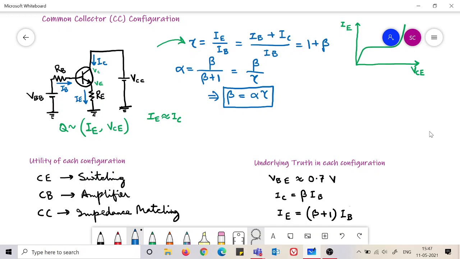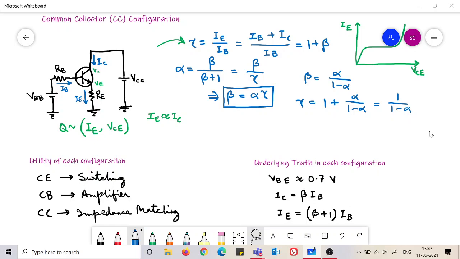Can anyone help me here? Beta is alpha upon 1 minus alpha. Yes. So when beta is alpha by 1 minus alpha, then gamma is 1 plus alpha by 1 minus alpha, and that gives you 1 by 1 minus alpha. So this is the relationship between gamma and alpha.